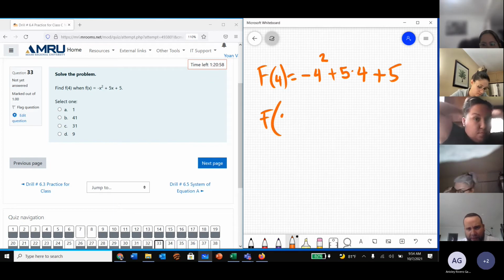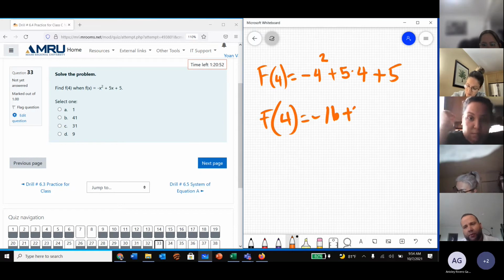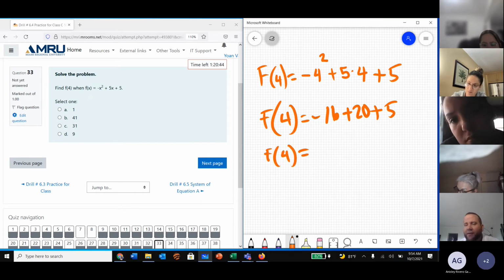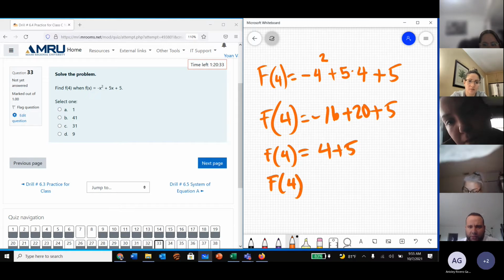And then f evaluated at 4, we have negative 16 plus 20, which is 4, plus 5. And then f evaluated at 4 is equal to 9.